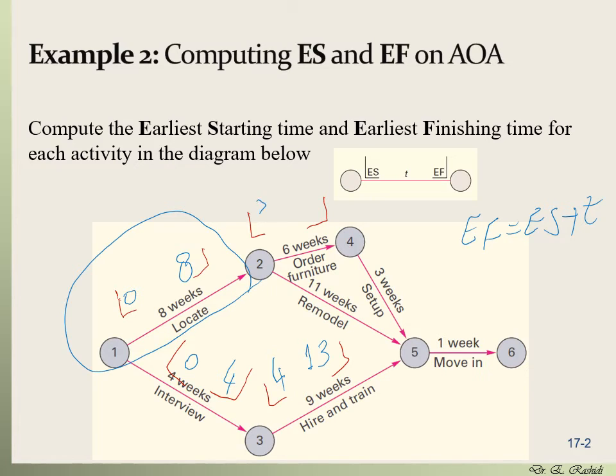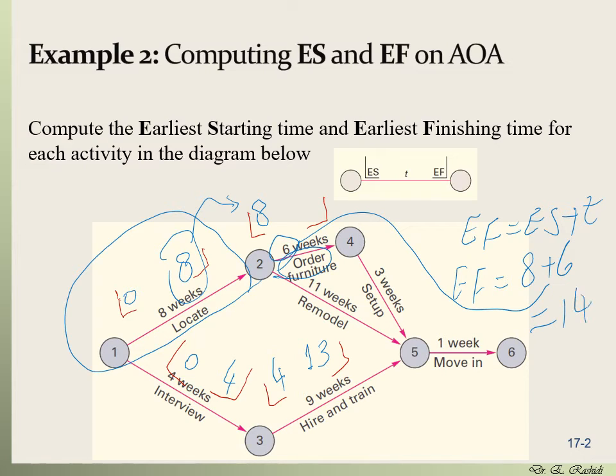So the earliest start of this activity is 8. And the earliest finish for the activity 2 to 4, ordering furniture, is earliest start plus t, here 6. So that's 8 plus 6, which is 14. So I'm going to put 14 here.